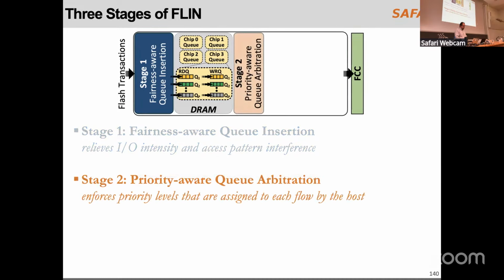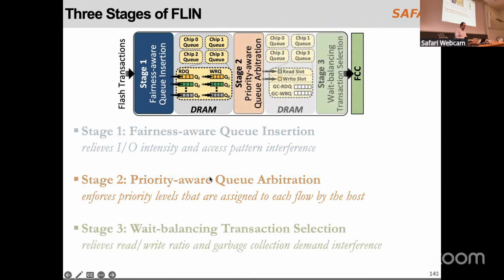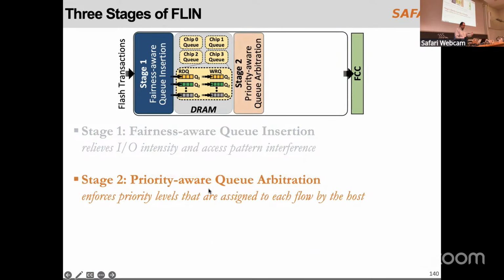Another stage is priority-aware queue arbitration. We have different queues, and the operating system might have different priorities for different applications. So this stage is to make sure that we are obeying the priorities that the operating system wants to ensure for different applications.